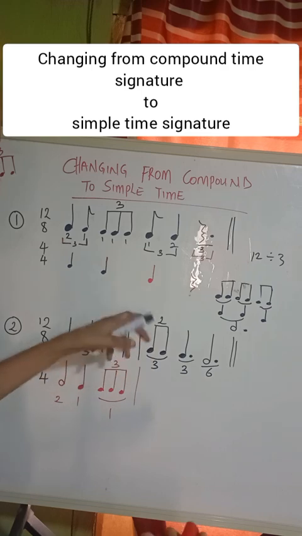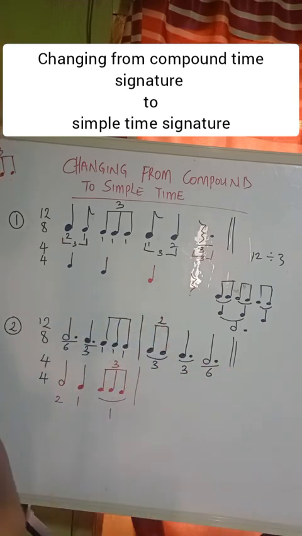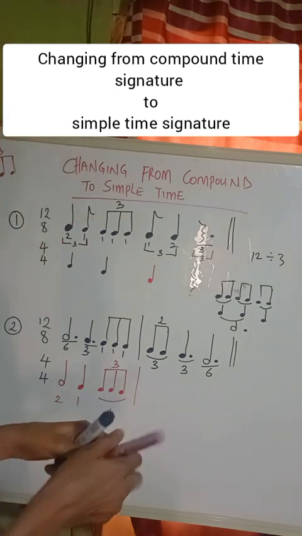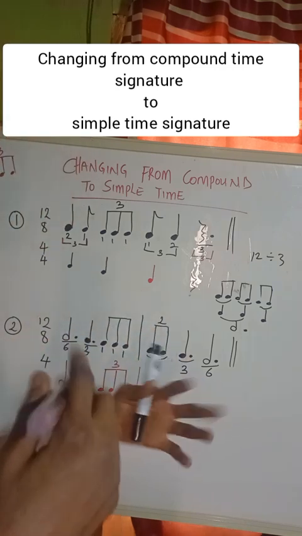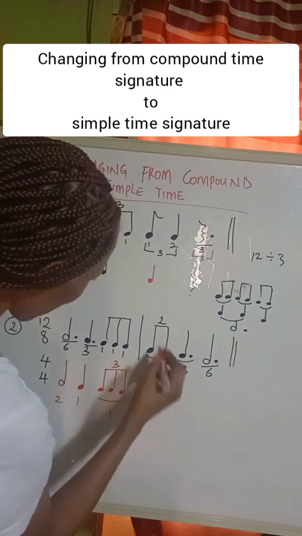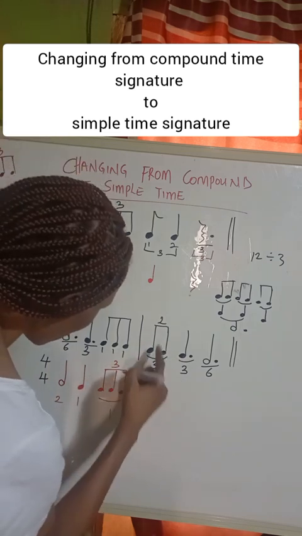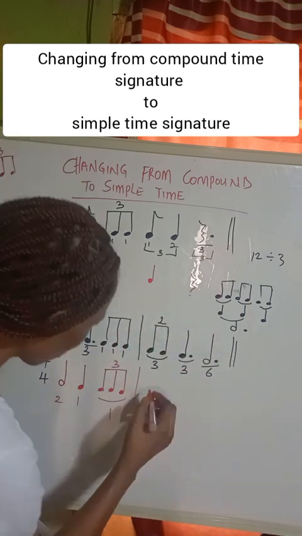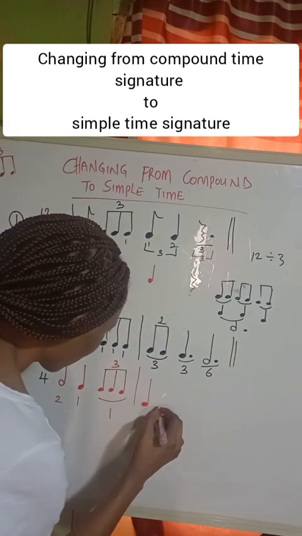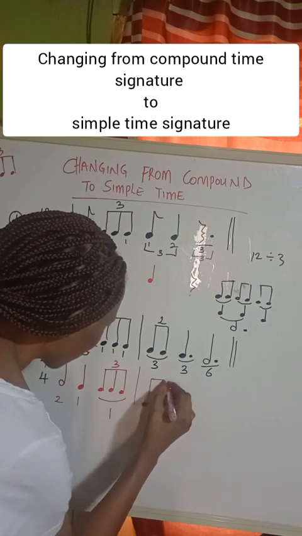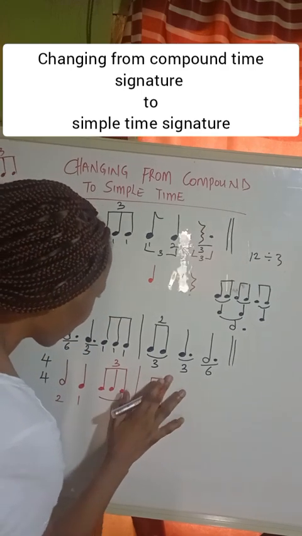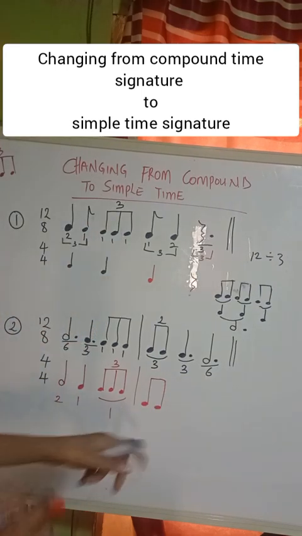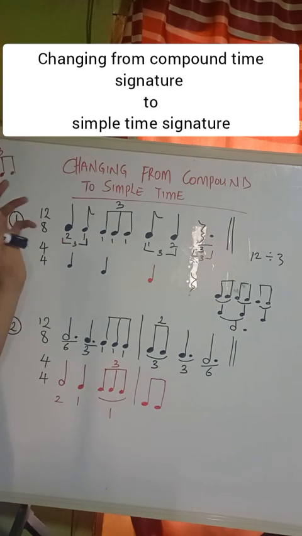The 2 notes were previously played in 3 beats. So that means it's still equivalent to 3 quavers. So here automatically we now have 3 quavers, but since it was 2, you don't need to write a number above, nothing.